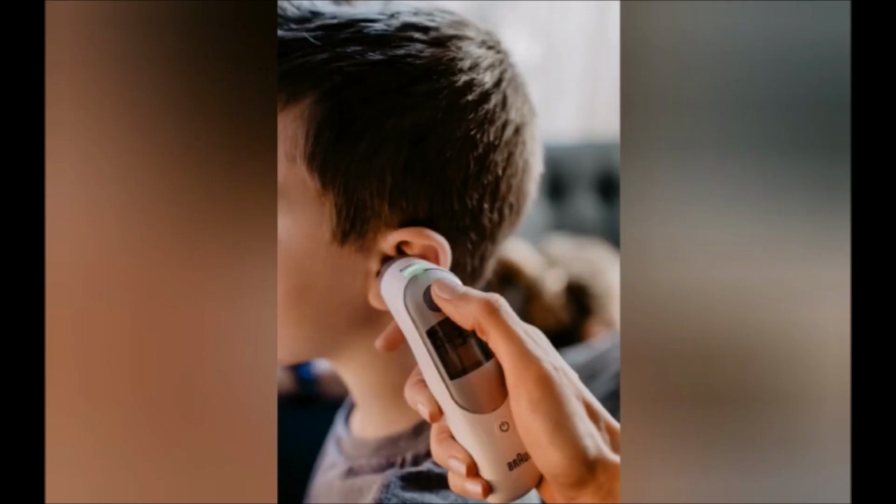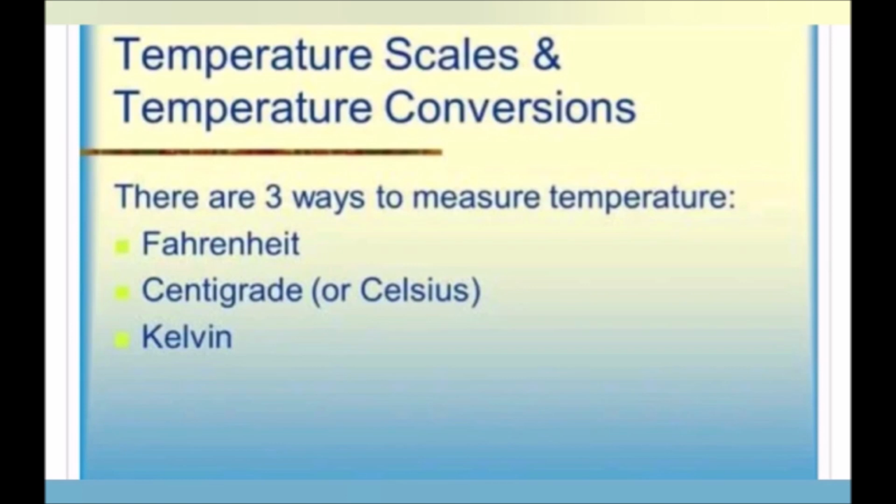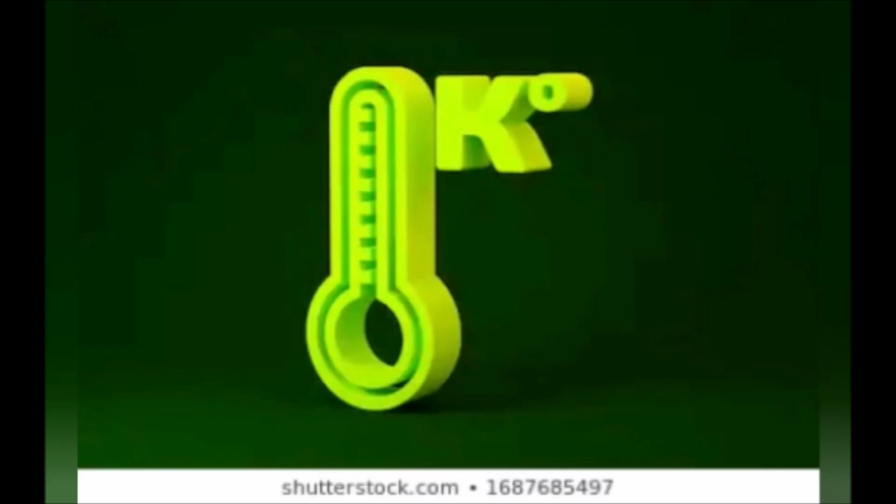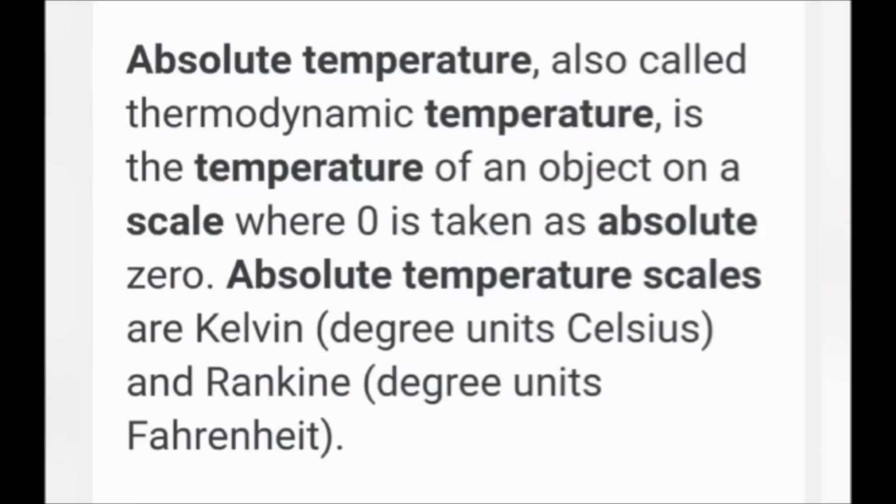Temperature is the property which determines the direction of flow of heat. It is a scalar quantity. There are three ways to measure temperature: Fahrenheit, degree Celsius and Kelvin. But the SI unit of temperature is Kelvin. What is absolute temperature?